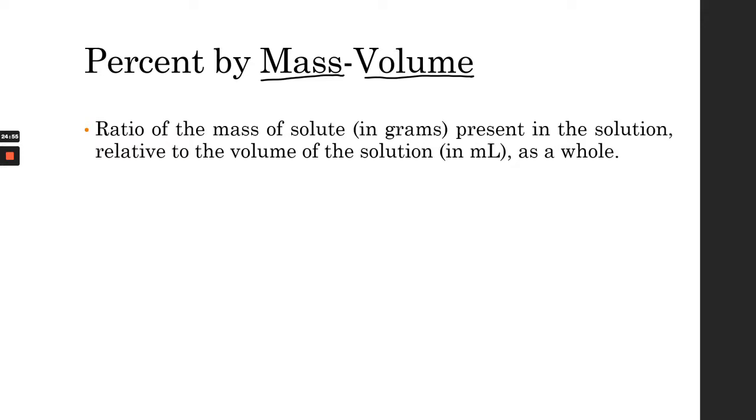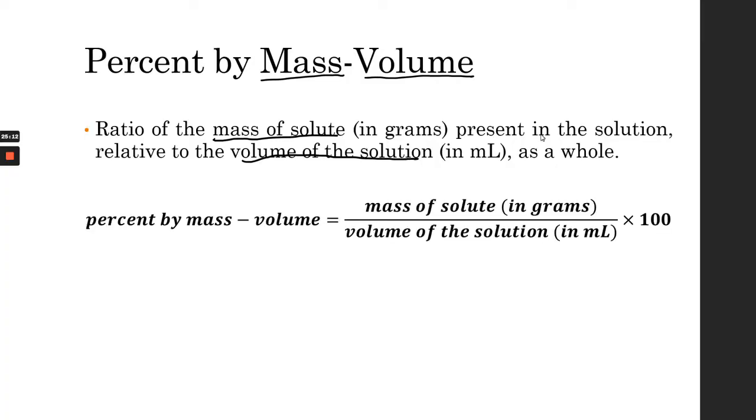It's basically the ratio of the mass of solute, usually in grams, present in the solution relative to the volume of the solution, usually in ml. So percent by mass volume is the mass of the solute divided by the volume of the solution.